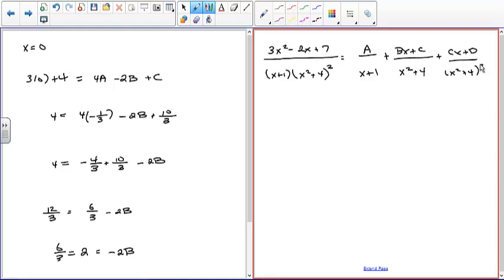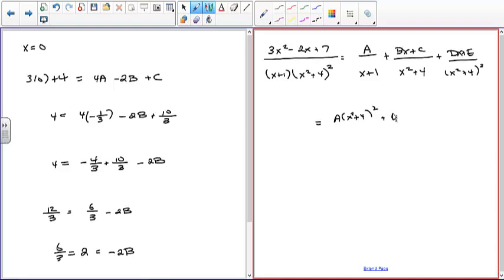So it's like with the repeat linear factors, except I repeated a letter here, so let's fix that. A, B, C, D, E. And I'm not going to work through this whole thing, but this one I would have to multiply by x squared plus 4 squared to get this denominator.